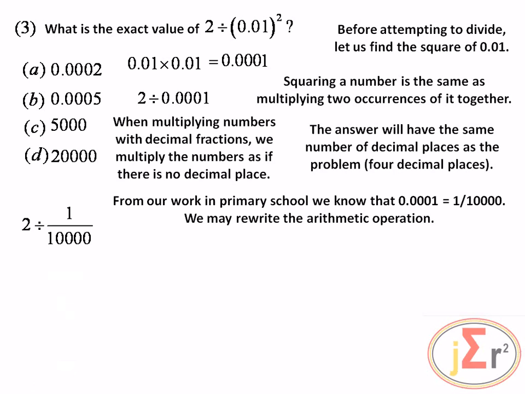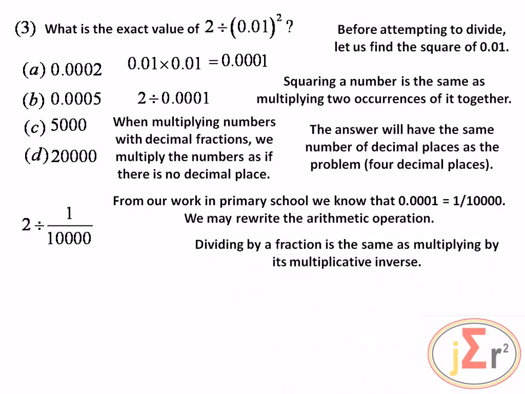2 divided by 1 over 10,000. Dividing by a fraction is the same as multiplying by its reciprocal or its multiplicative inverse.